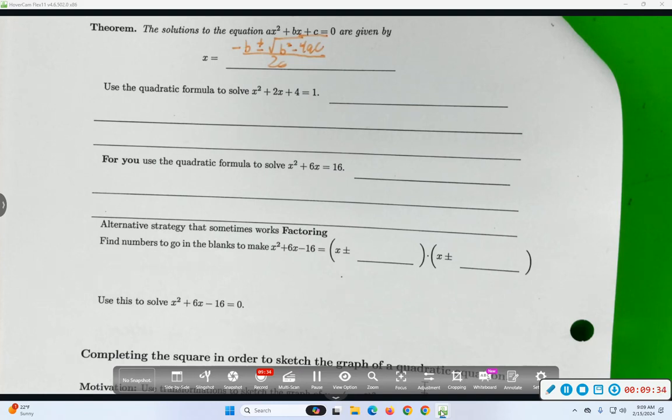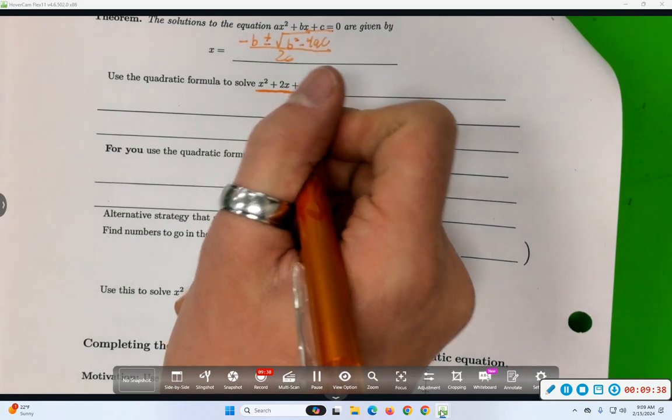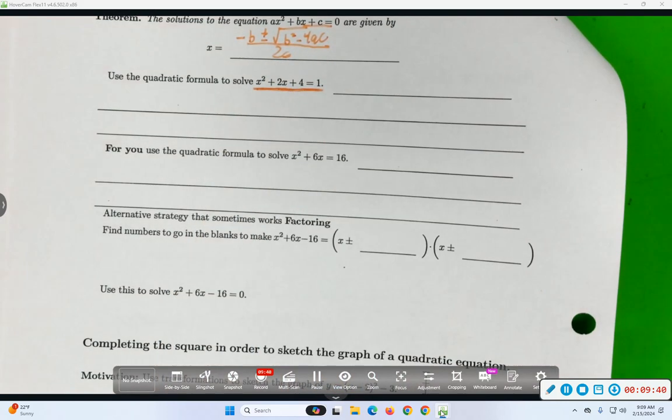And let's use that to do something. Let's suppose I asked you to solve x squared plus 2x plus 4 equals 1. So there's a small trick here first. Is that in the form that the quadratic formula applies to yet?